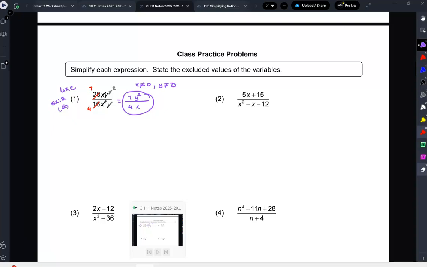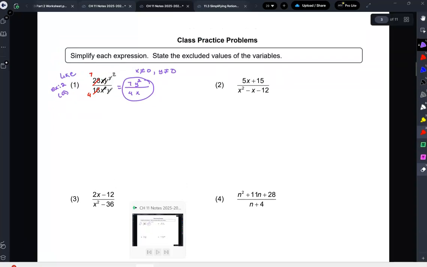Okay? All right. What about this one? How did this factor? Who factored this one? Okay, hang on. So it's x minus 4, x plus 3. Okay, Jacob, what did you get for the top? Leora, did you do the numerator?